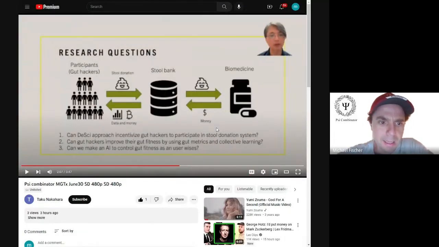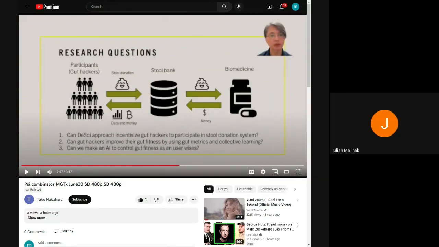I like this. I think using the AI to help people improve is good. Did anyone catch what gut fitness means? That was a question I had. But probably just like microbiome health, right?